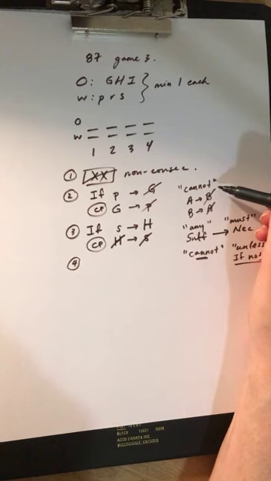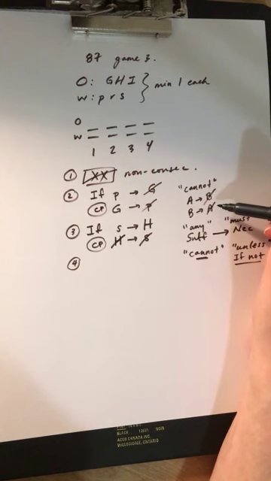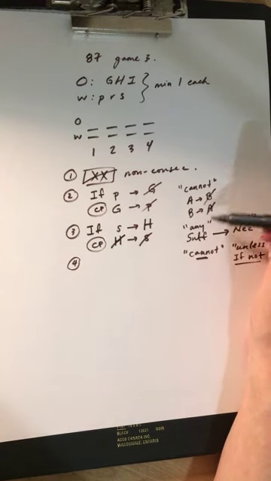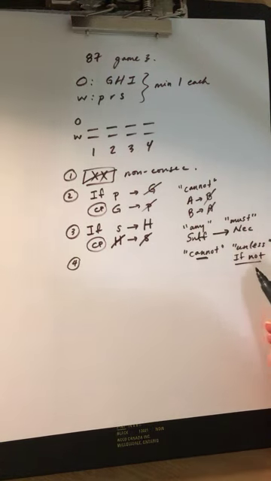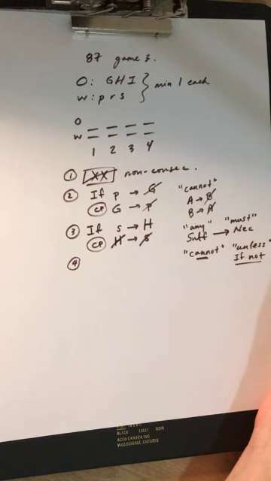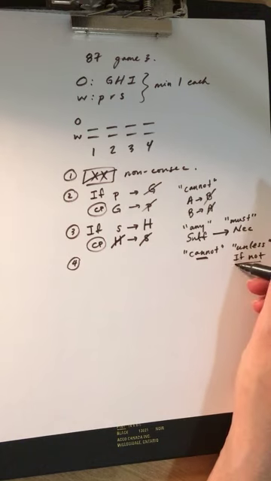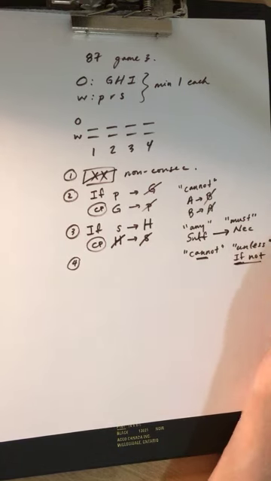In this case, cannot meant we needed to negate the necessary condition, and generally that's going to be the case. Whereas unless, because we can just sub in if not, means that we need to negate the sufficient condition. If would indicate a sufficient condition, and then we need to negate it.